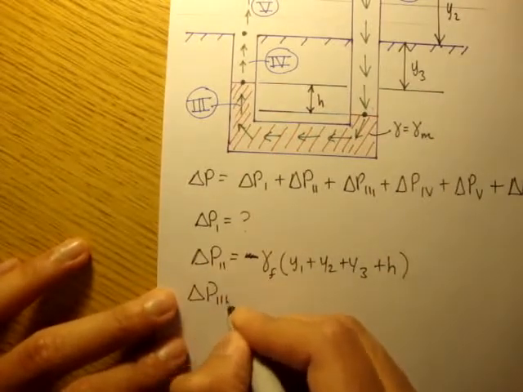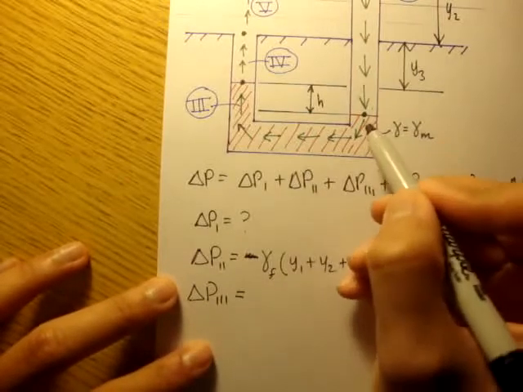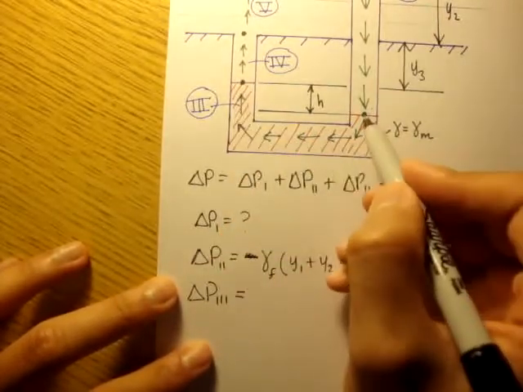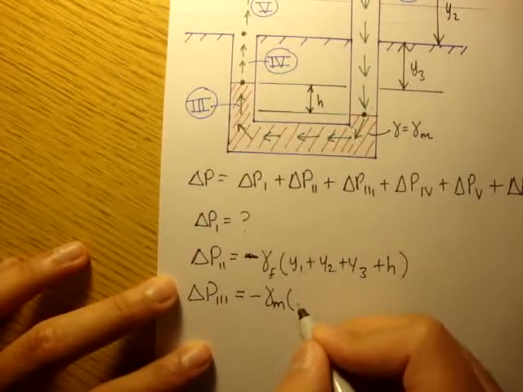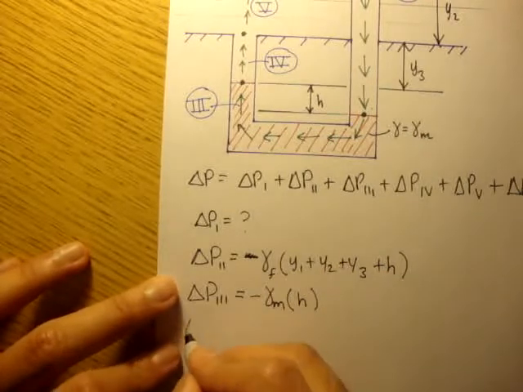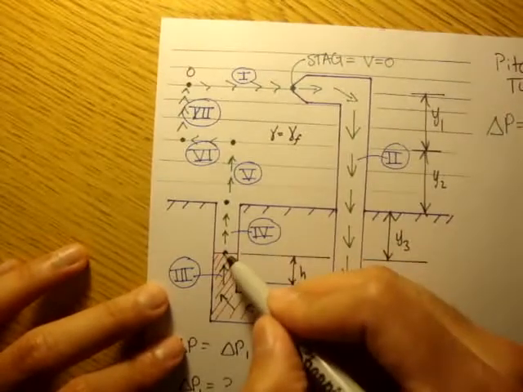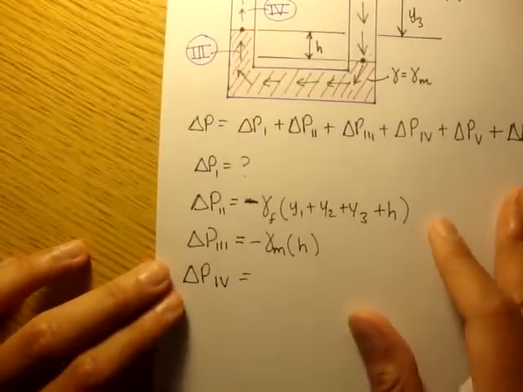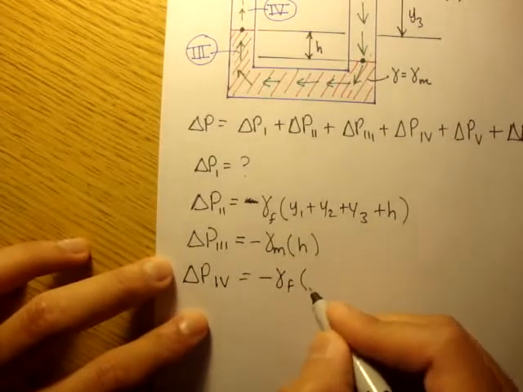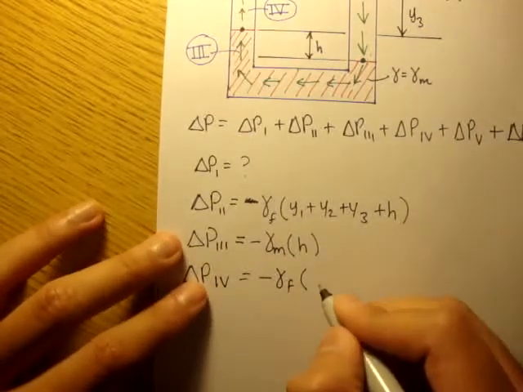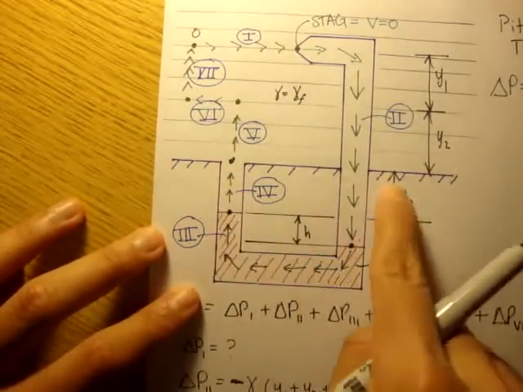How about path 3? It looks like we're going up, so it's going to be negative gamma of mercury times the height. Change in pressure of path 4: path 4, remember, is from here to here, and that's negative gamma of fluid times y3, because that's in air, and that's the height of y3.